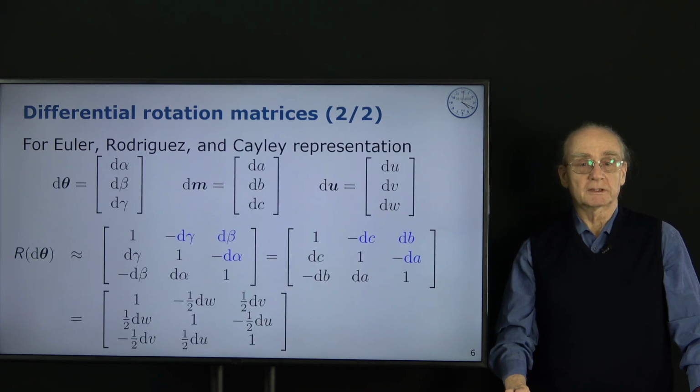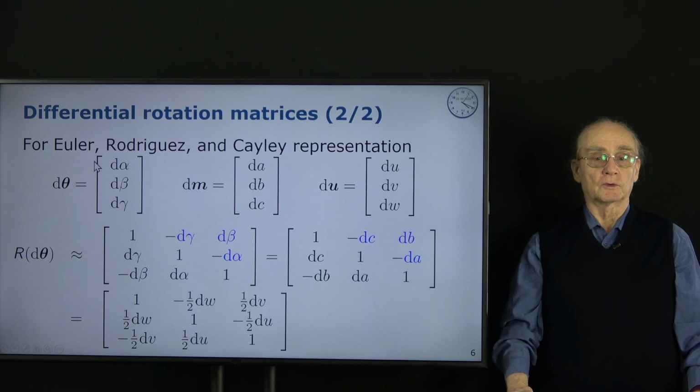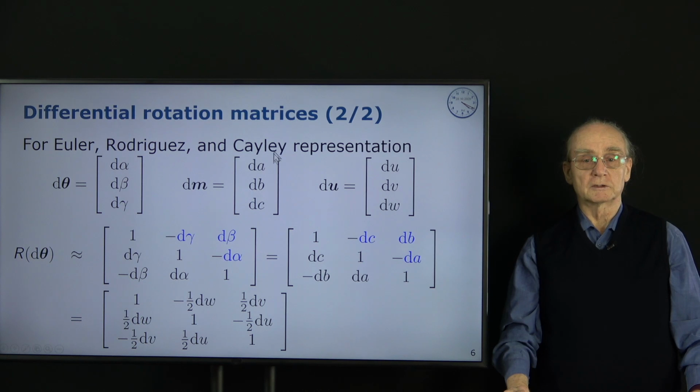Now, how does this look for the other representations? Let's assume Euler angles, Rodriguez or Cayley representation. So let's assume we have the 3 Euler angles here. We'll see that this is identical to d theta. Then we have here the differential elements of the Rodriguez representation and here those of the Cayley representation.